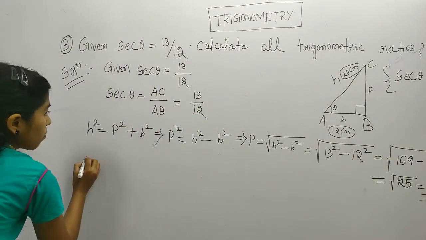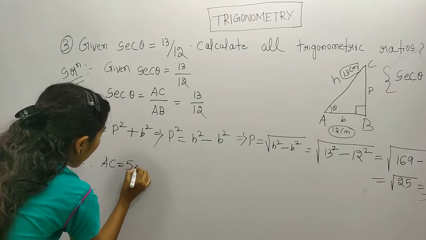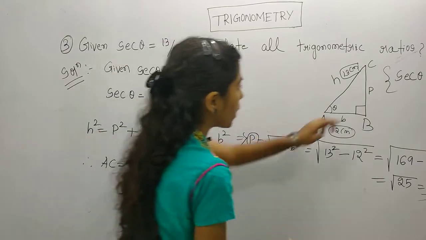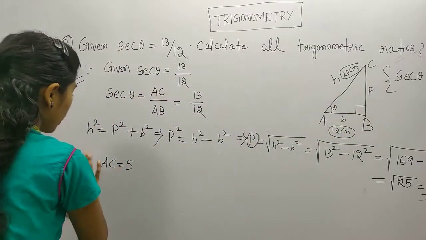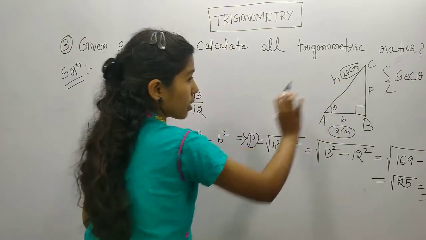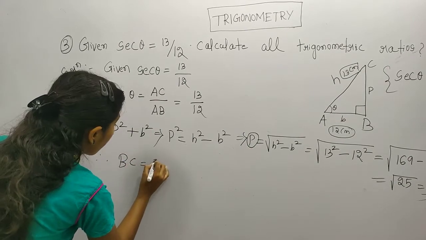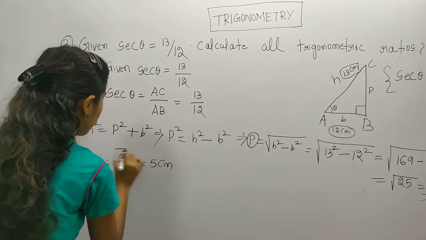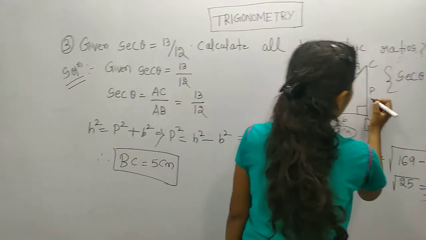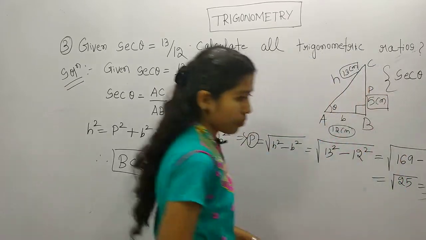Hypotenuse is AC, so perpendicular is our BC, not AC. Therefore BC equals 5 cm. So here we will write 5 cm.